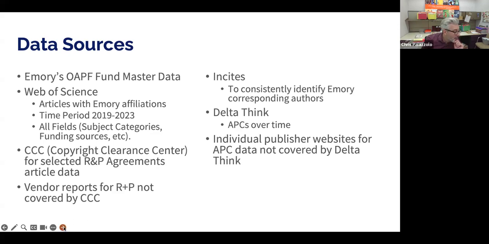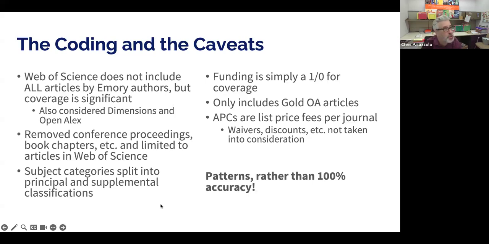All right, but then that leads me to some caveats. As anybody working in OA and APCs knows, this is a complex environment and ecosystem to find yourself in, with so many variations and many data sources from which to choose. And we did look at a number of them. We looked at OpenAlex, but in terms of our capacity, we weren't able to maintain pulling data from OpenAlex in a consistent fashion or easily.